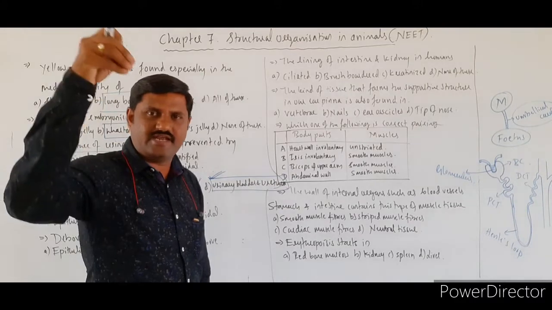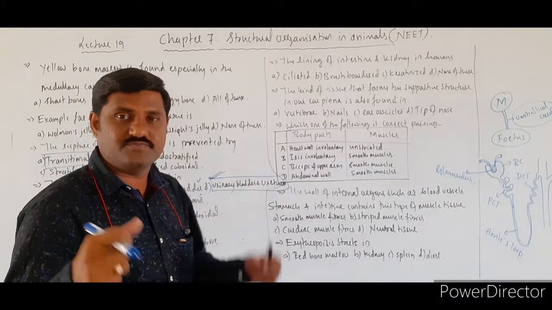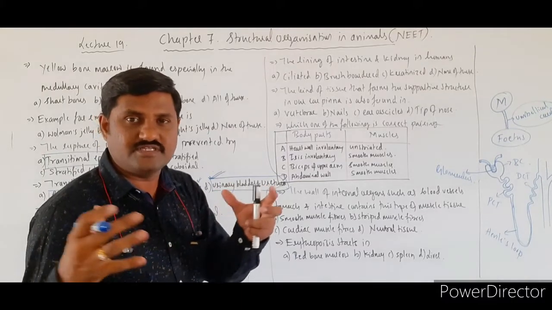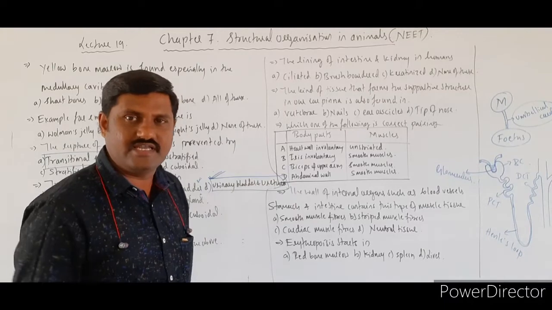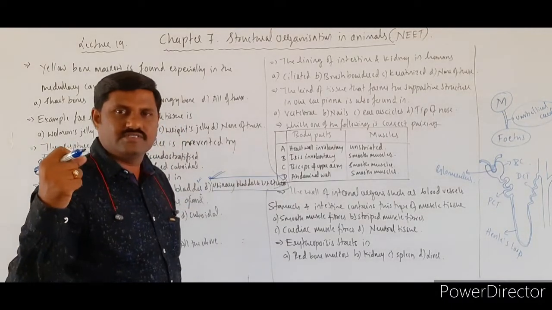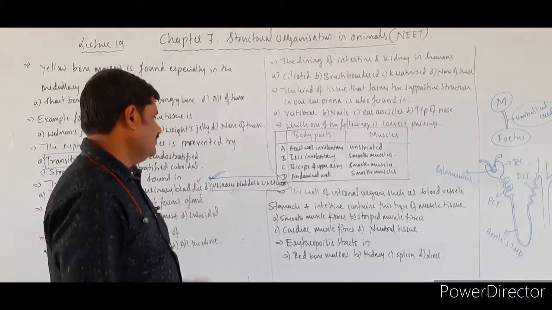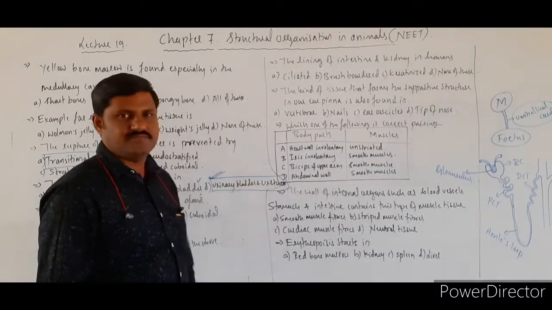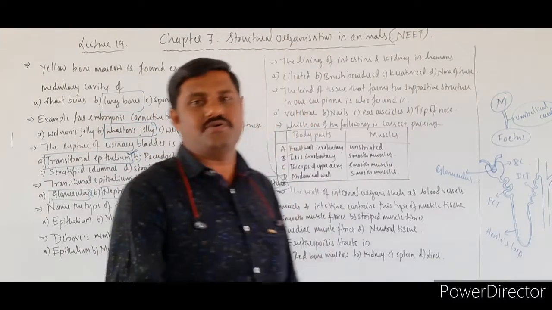When the urinary bladder is completely filled with urine, pressure is exerted and distension occurs in the urinary bladder, so that removal of urine from the body takes place, right? So that is why urinary bladder as well as urethra is the correct answer for this question, right?